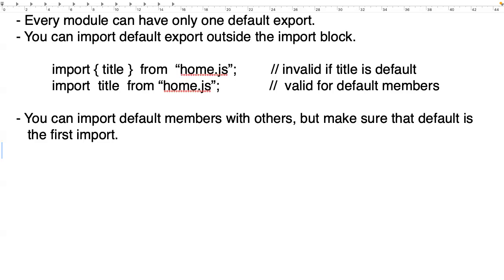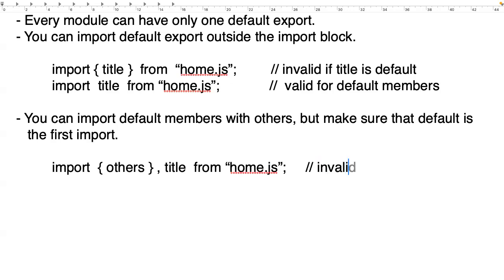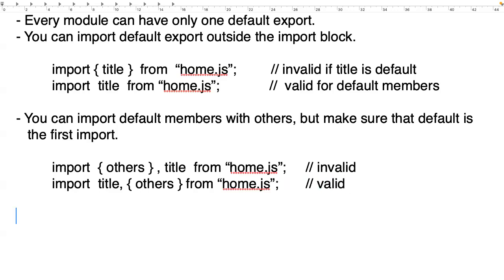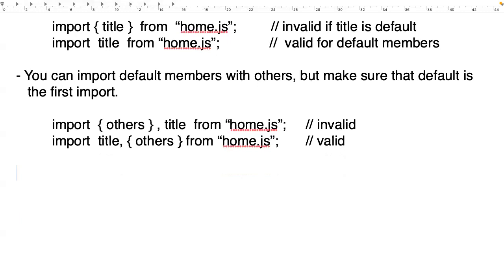What does it mean? If you are importing others here, and you put title, and then from home.js, this is invalid. Why? Because you have to import title before others. That's important. Title, then others, from home.js. This is valid. That's important.